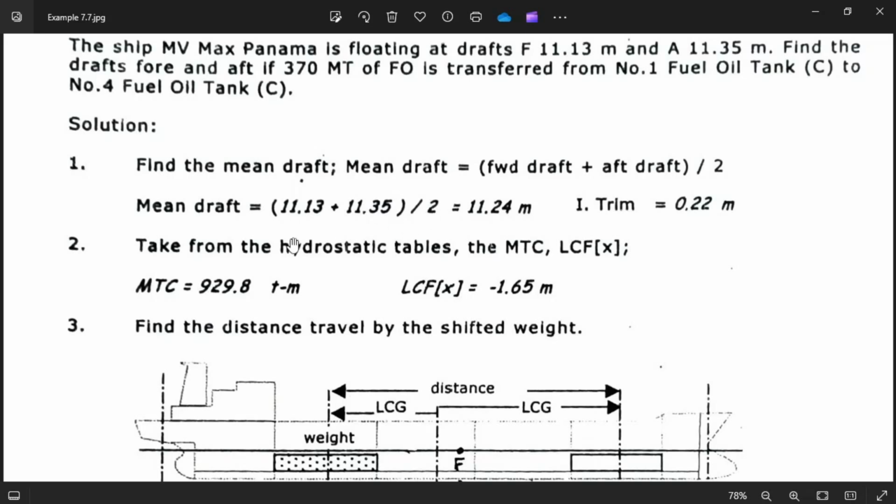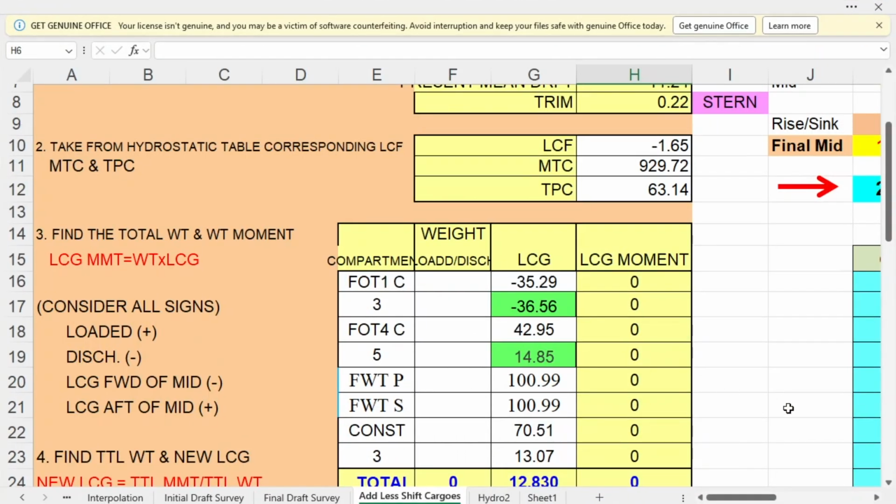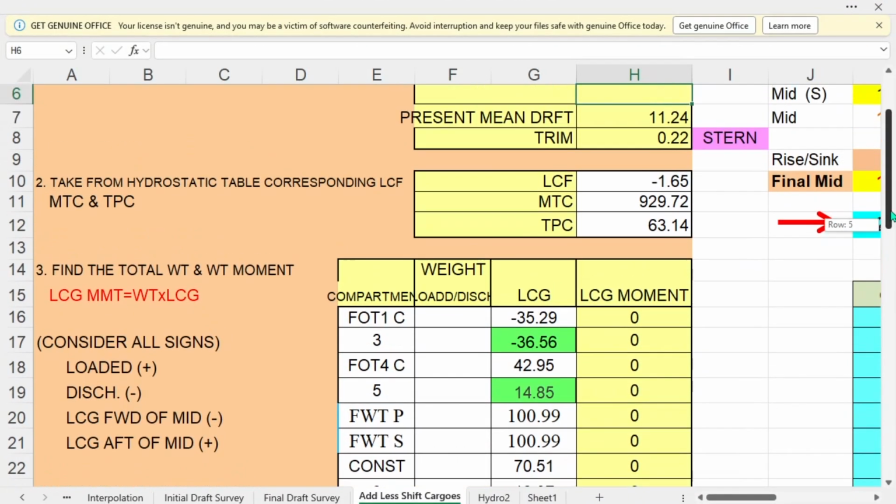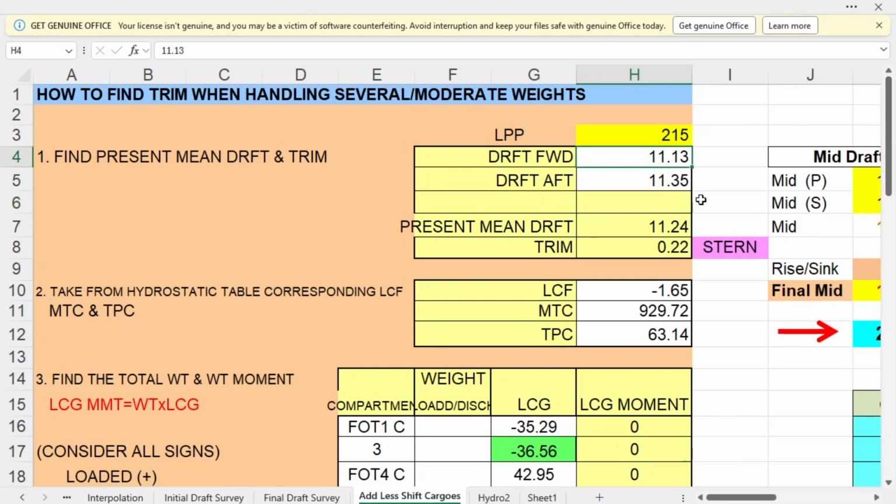So let's check, guys. So forward will be 11.13, and after will be 11.35. Okay.